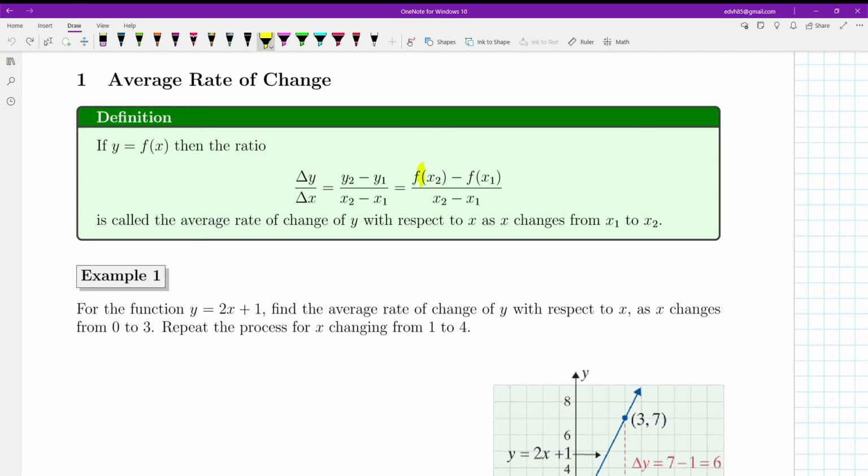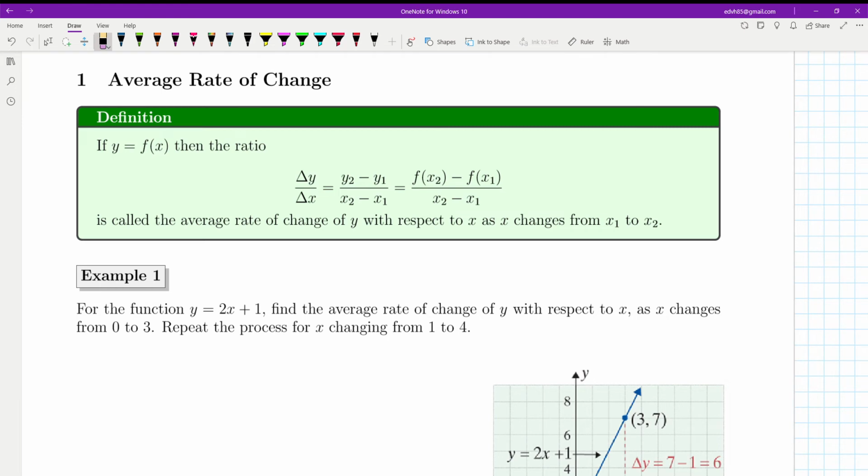By evaluating the function f at x2 and at x1. So this formula is very reminiscent of the slope. So how are we going to use this?